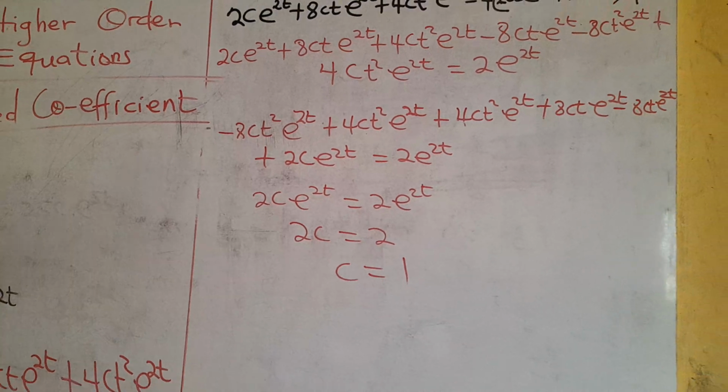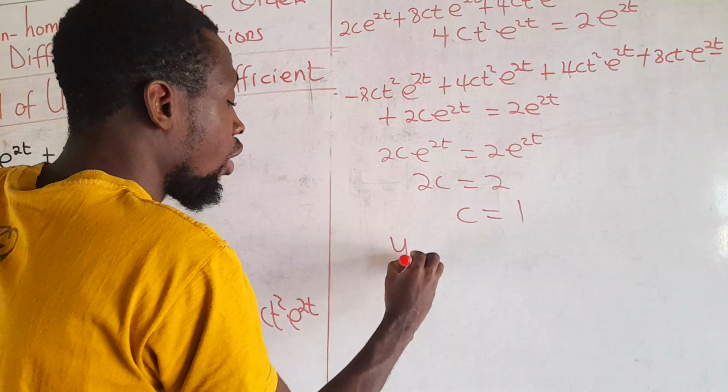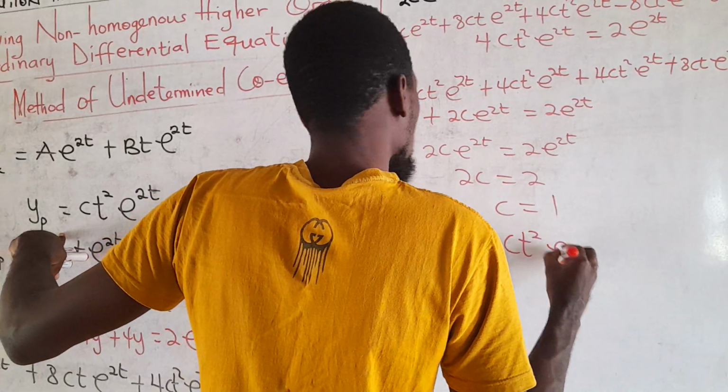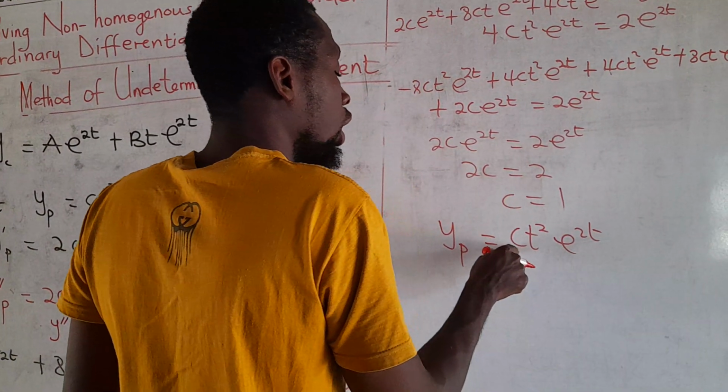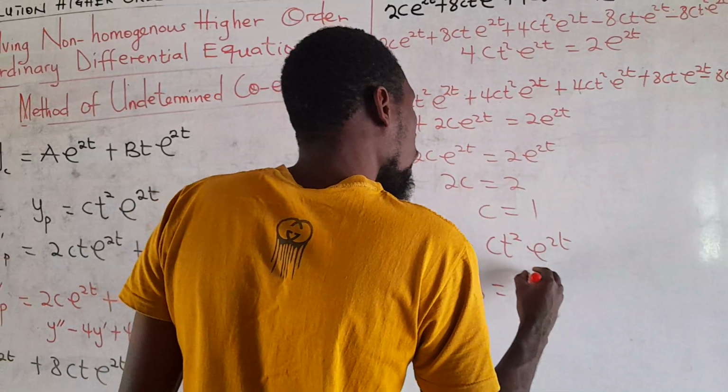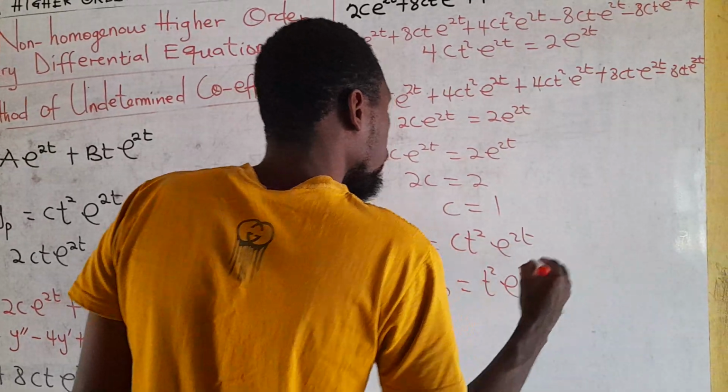Then we can say that our solution to the non-homogeneous side, which we said should be ct squared e exponent 2t, c is 1, therefore y_p will just be equal to t squared e exponent 2t.